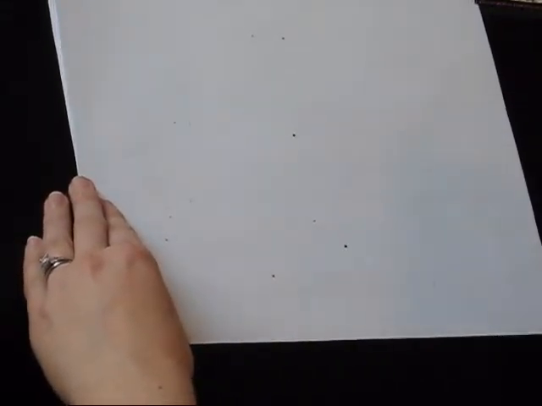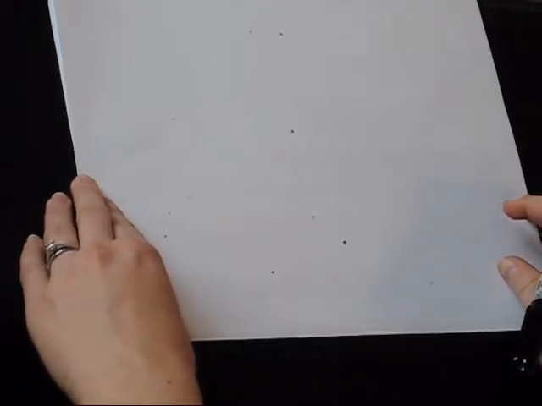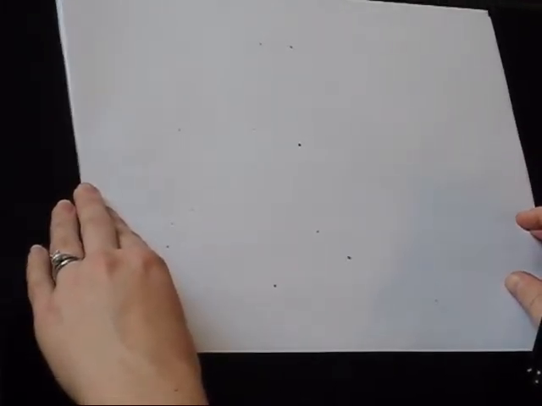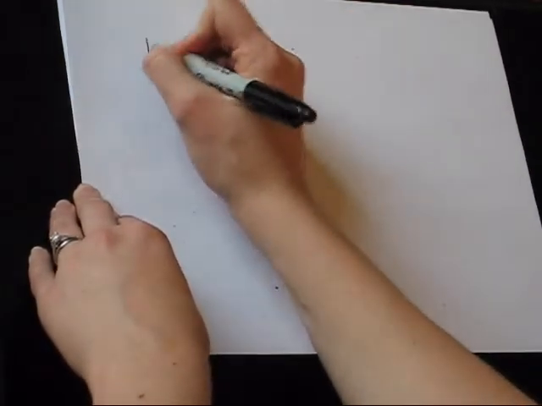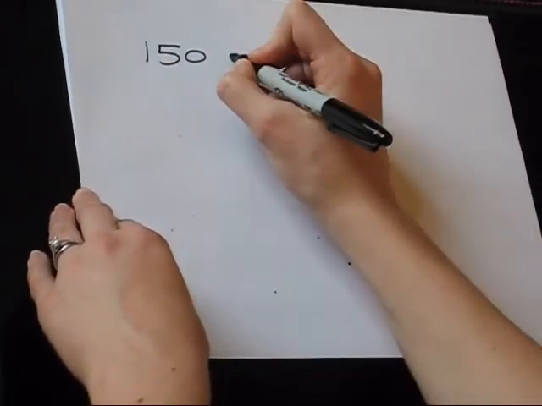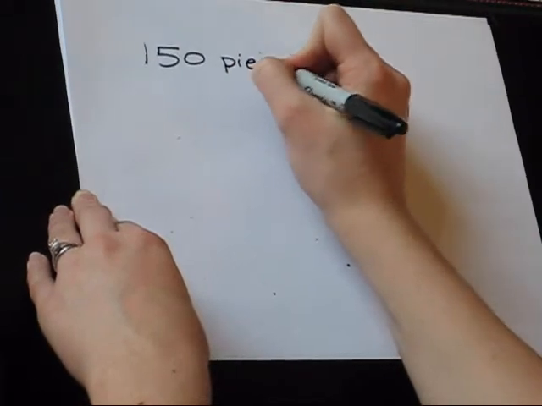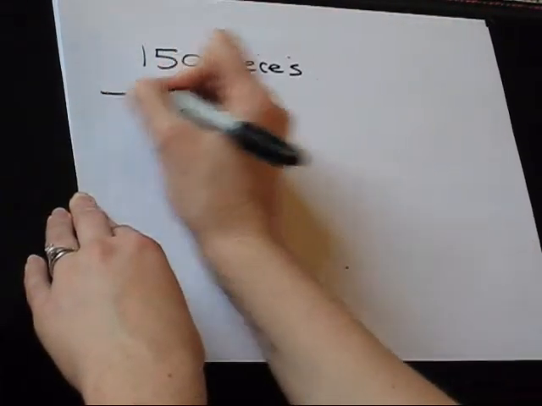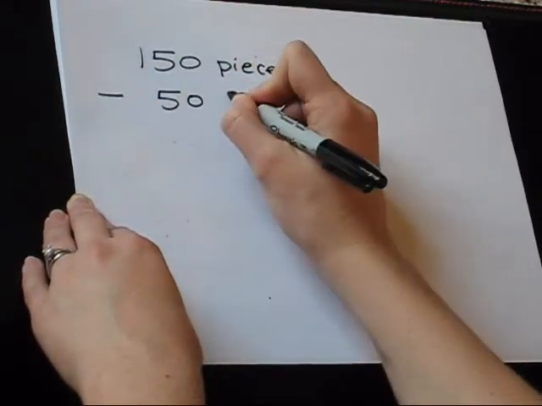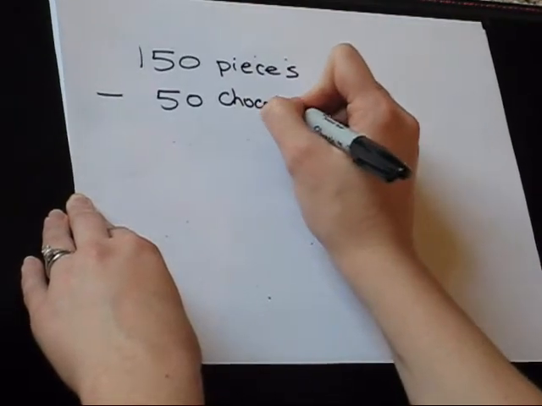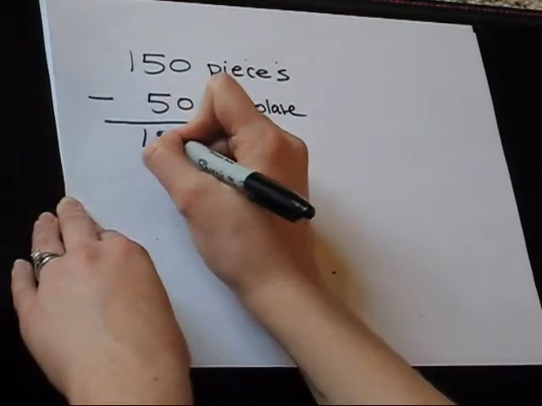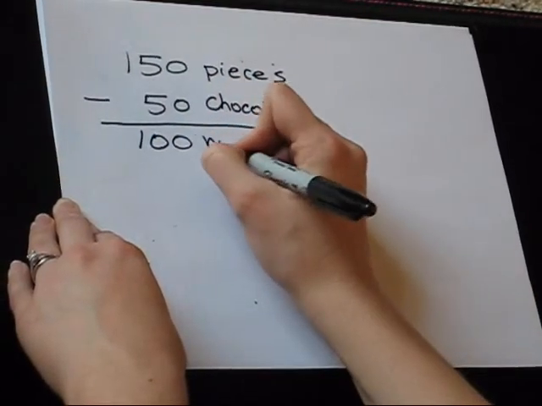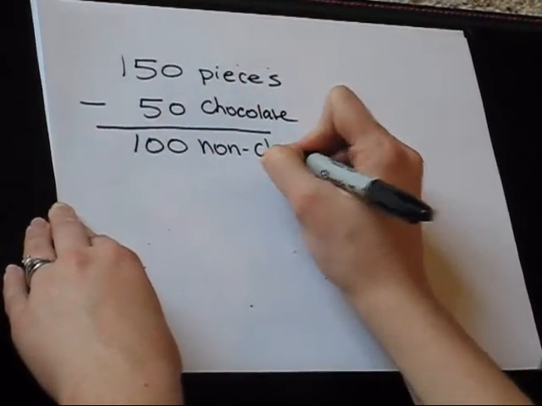Now we need to figure out how many pieces of candy Susie will give to Jacob. There are 150 total pieces. We're going to subtract the 50 chocolate pieces that are Susie's, which gets 100 non-chocolate pieces of candy.